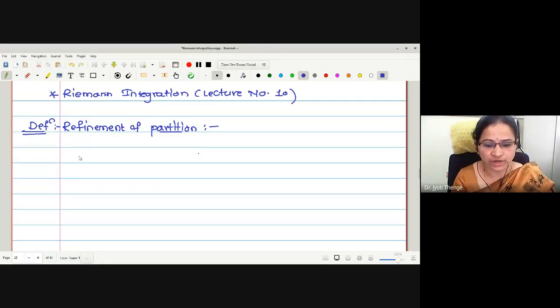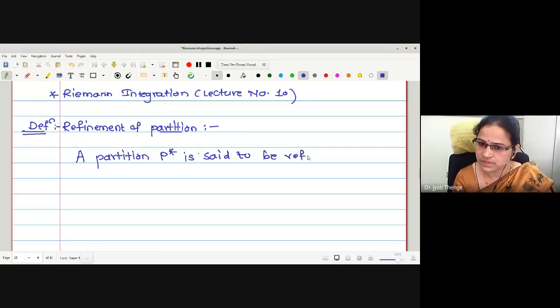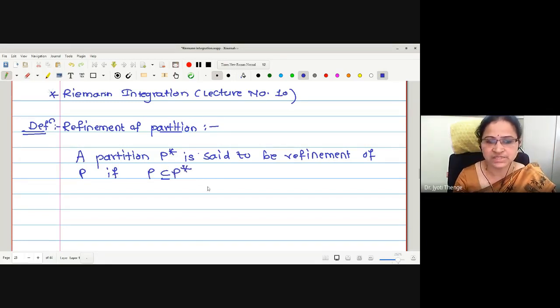And the actual definition of refinement is: a partition P star is said to be a refinement of P if P is contained in P star.